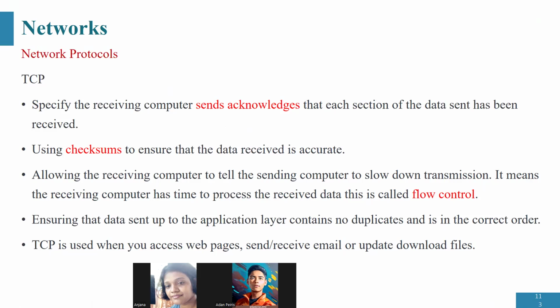The term flow control, please don't forget it, means the receiver wants to tell the sender, please send your data a little bit slowly. So the sender slows down the transmission. That is what we call flow control.